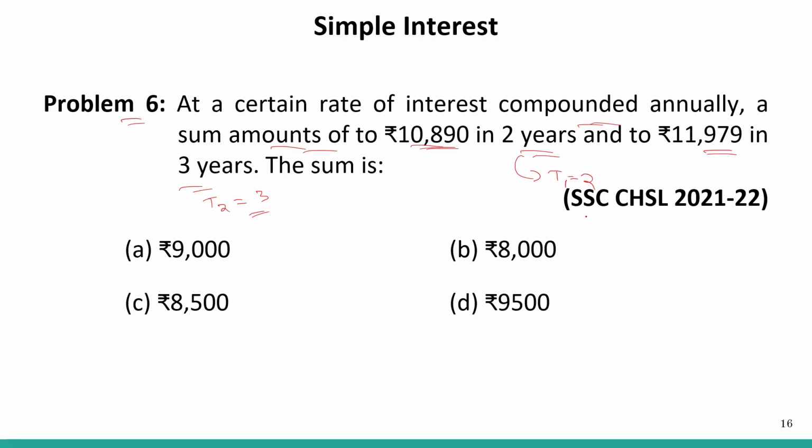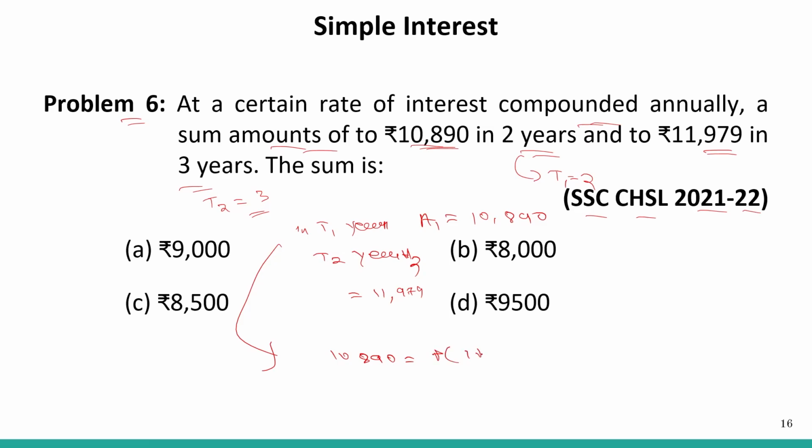This question appeared in the SSC CHSL 2021-2022 paper. Given that the sum amounts to, in the T1 year, A1 is equal to 10,890, and in the T2 year, A2 is equal to 11,979. So we can write that A1, that is 10,890, is equal to P into (1 plus R by 100) power 2.